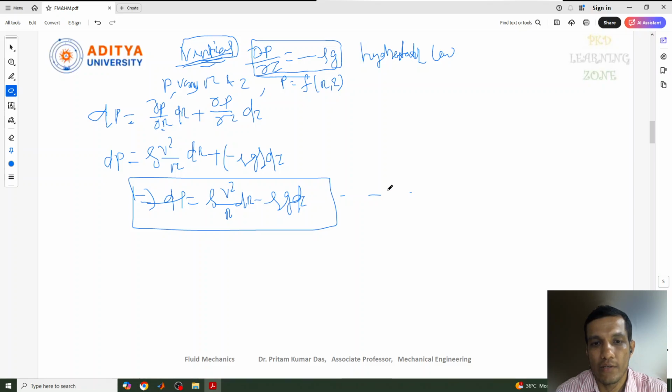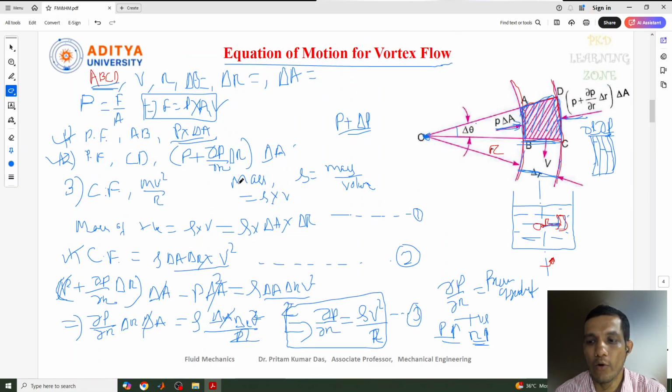This is the third equation, this is equation 4, and this one is equation 5. This is the final one we got: the pressure variation of the fluid element when rotating vertically as well as horizontally. So I hope you understand the equation of motion for vortex flow.